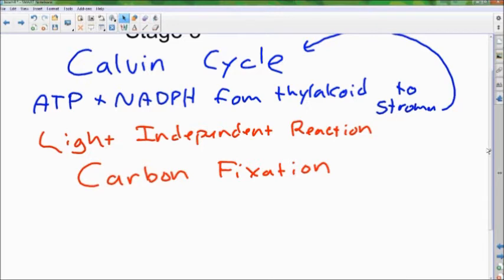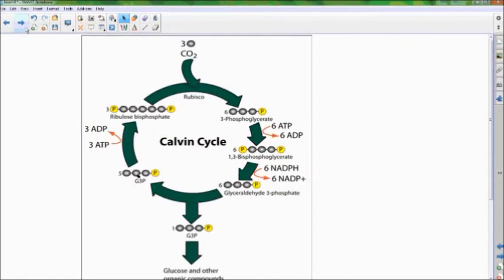All right. I'm going to turn the slide and show you a diagram of the Kelvin cycle. It's going to have a lot of stuff on it. Don't get too freaked out. So this is the Kelvin cycle. We have carbon dioxide right here that comes in, and drawing it like this is just a way of organizing it.